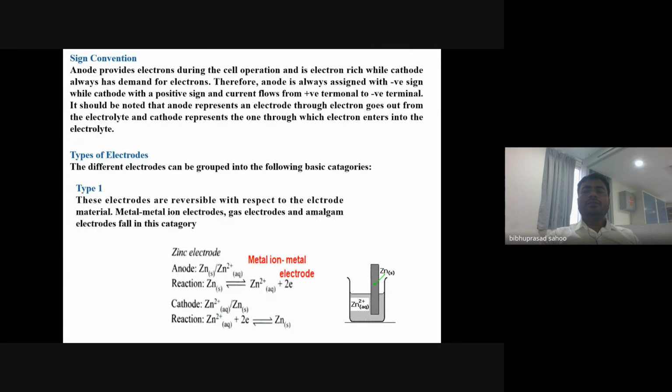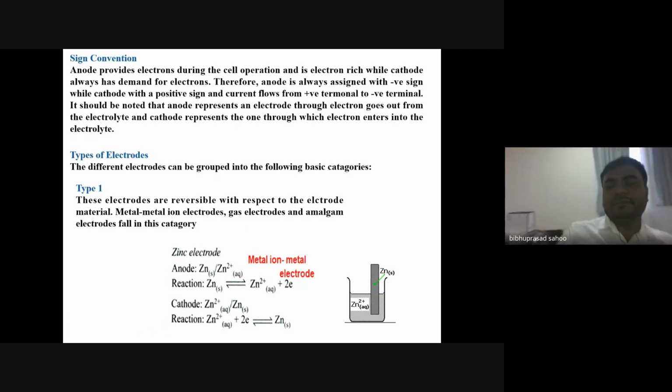Okay. Anyway, students, now we will go to your book. We'll see the different types of electrodes. Based upon the electrode type, electrodes are categorized into four types: type 1, type 2, type 3, type 4.